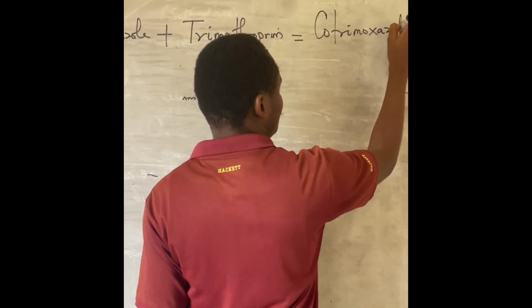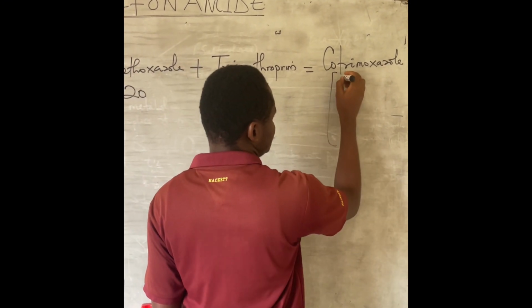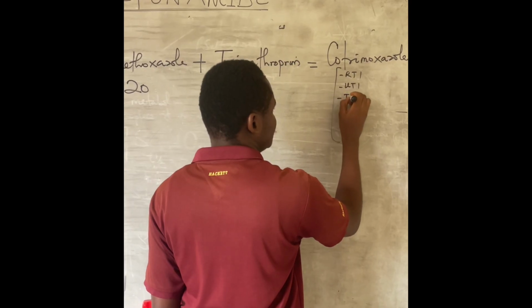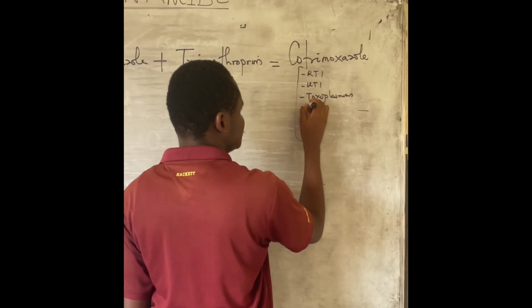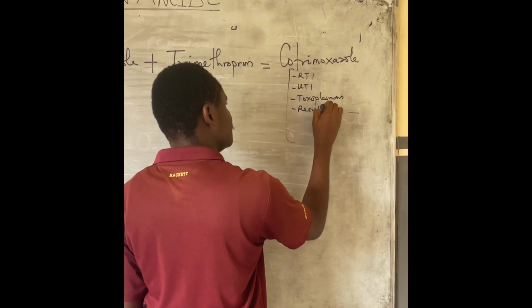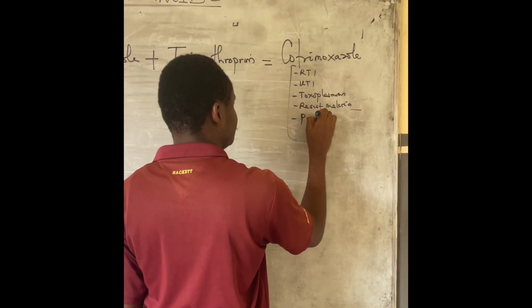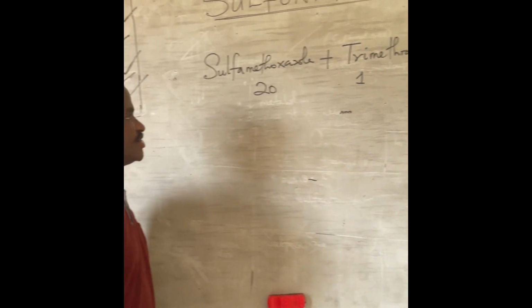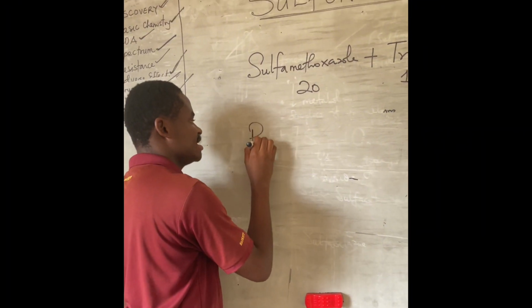All right, and cotrimoxazole has been used for treating different things like respiratory tract infection, UTI, toxoplasmosis, okay, resistant malaria, alright, pneumocystis jirovecii. Good.